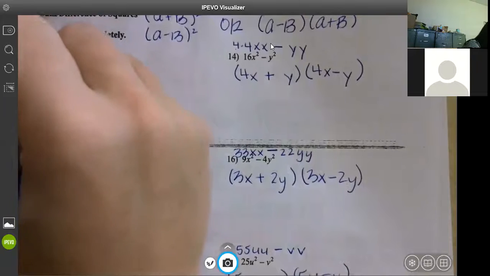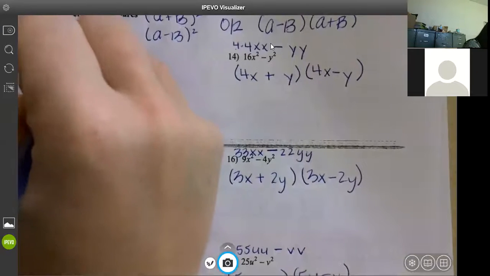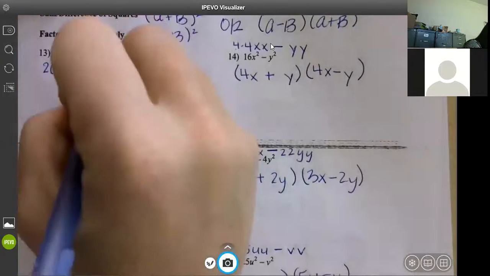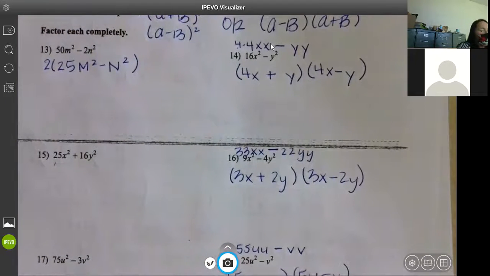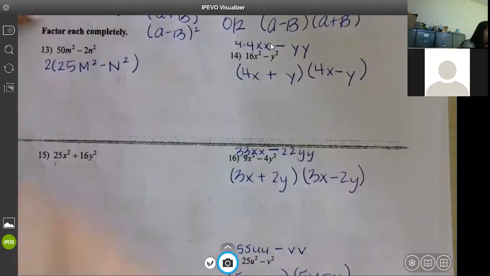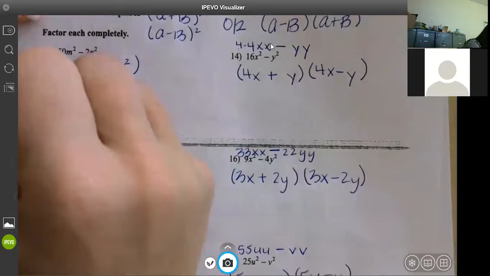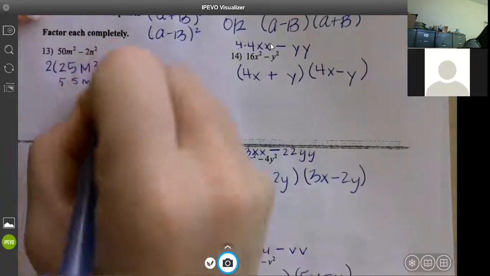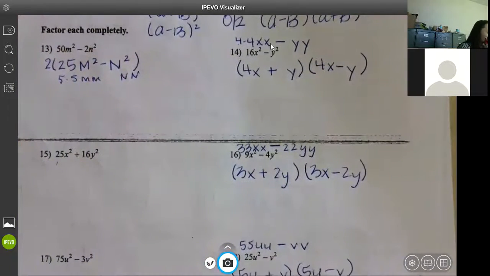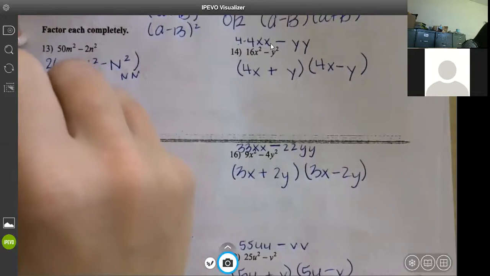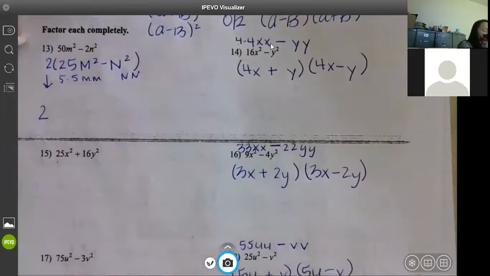A 2, so we want to take that out. Leaves us with 25m squared minus n squared because it took the 2 out. Now, factors of 25 are 5 and 5, m and m. N squared is n and n, and they are separated by a minus. Don't forget to always bring the GCF down.